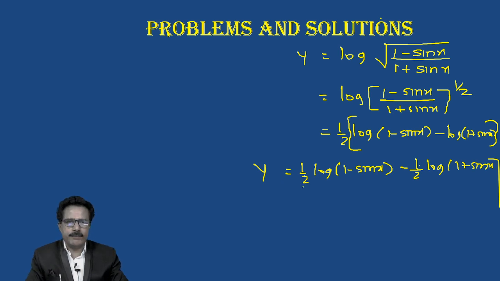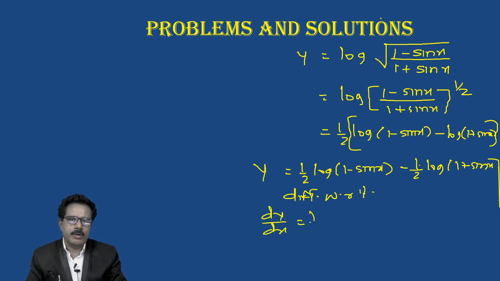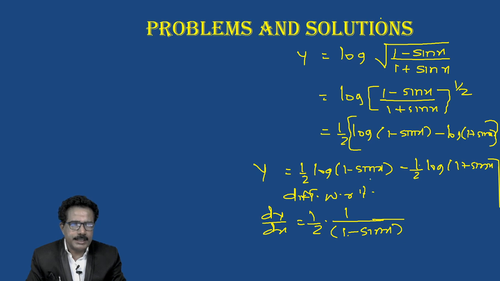Hereafter we can differentiate. Therefore, differentiating with respect to x, dy by dx equals 1 by 2, keep as it is. Derivative of log of 1 minus sin x means 1 upon 1 minus sin x, into, again we have to take the derivative of 1 minus sin x. What is the derivative?